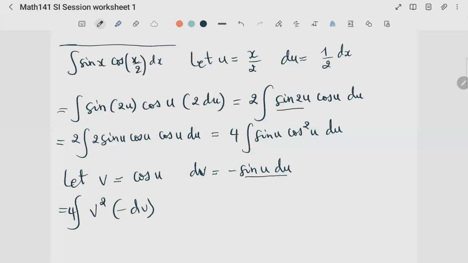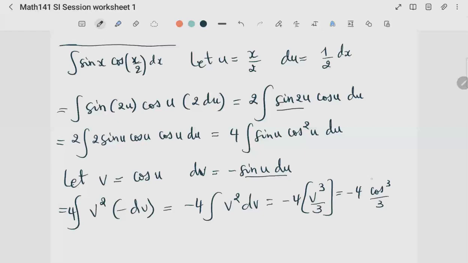Which just becomes negative 4 multiplied by the integral of v squared dv, which is negative 4 times v cubed over 3. Substituting back, we have negative 4 times cos cubed u over 3, plus c.